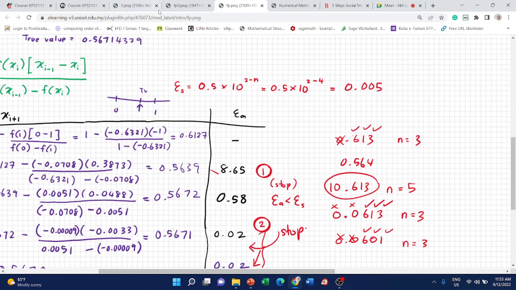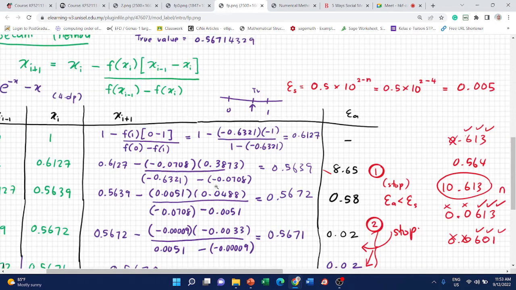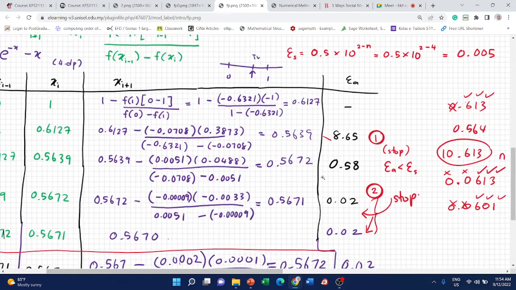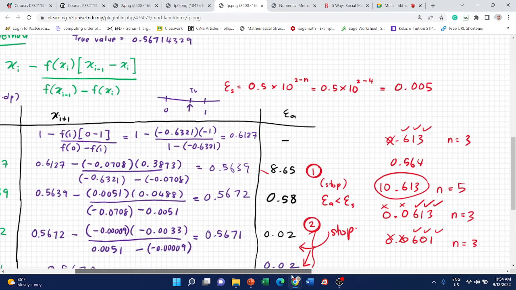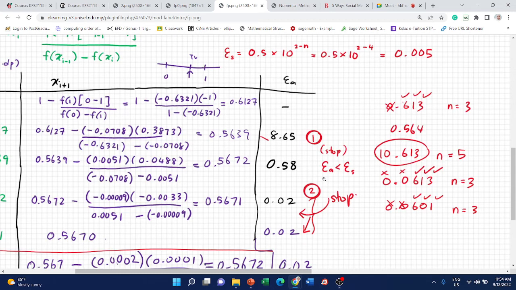Okay, so in this second method, there are two ways in the stopping criteria. The first one, we follow when the absolute error is less than the estimated error. This is roughly like bisection and false position. Or when you compute the absolute error, it is the same, it does not decrease. It maintains, meaning it does not get smaller anymore, it still remains the same.